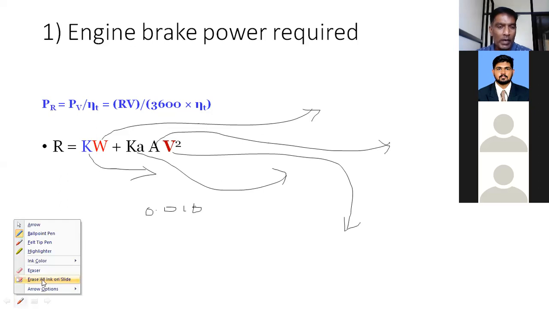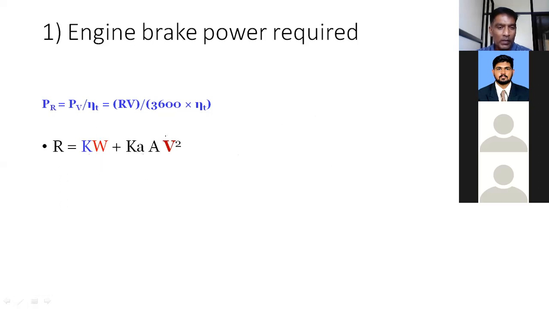Then what is the value of capital A? 5.574. That is directly given. Good. Then what is the value of small k? Sir, 0.0276. Correct. And what is the value of V? 88, sir. 88. Correct. Good.